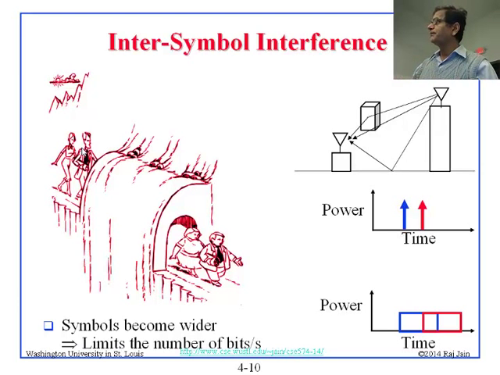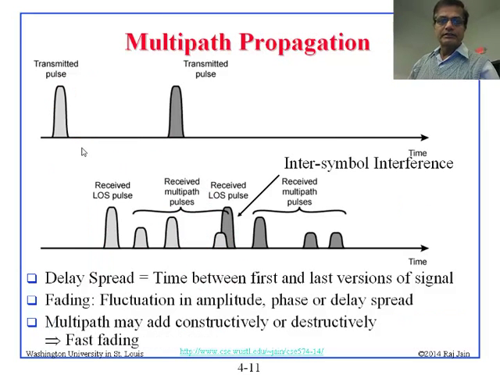So basically, inter-symbol interference resembles this thing. Technically, you send 2 pulses, and each pulse becomes multiple pulses. This one became 4, and this one became 4, and then they start running into each other.